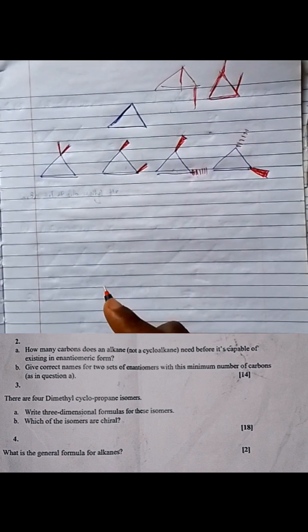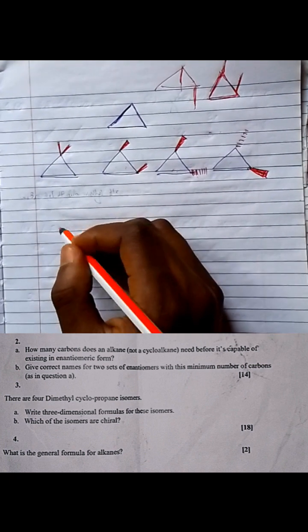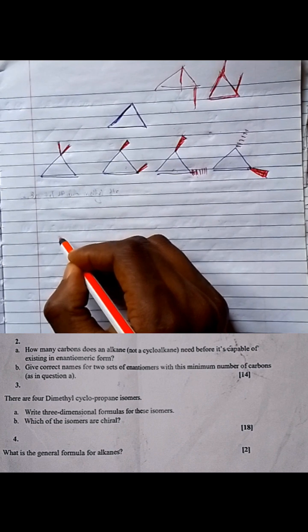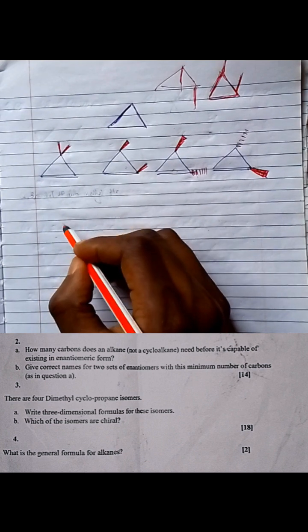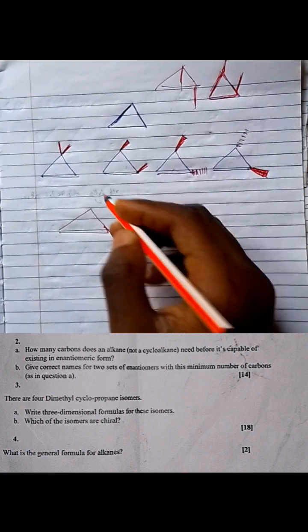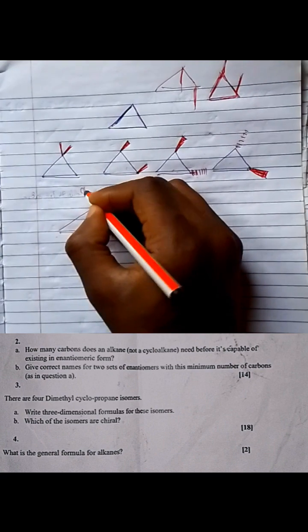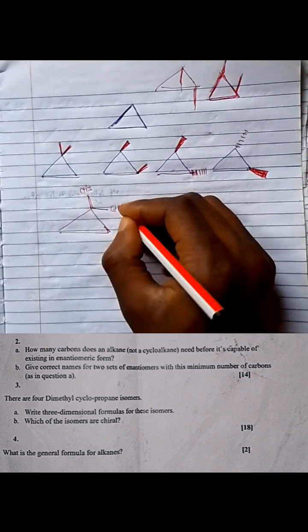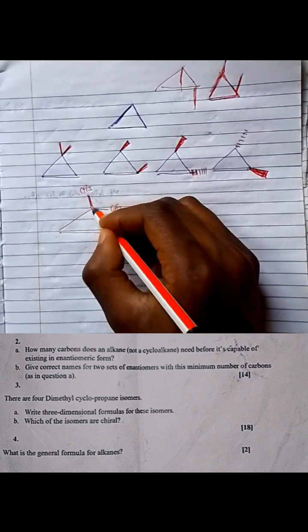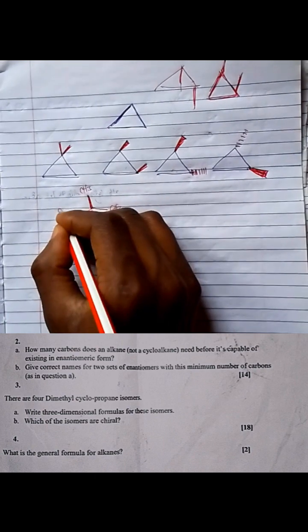So the question wanted us to draw three-dimensional structures. All you need to do is try to represent this in a three-dimensional manner. So you do that. You have your CH3 like that. You've shown the first structure.